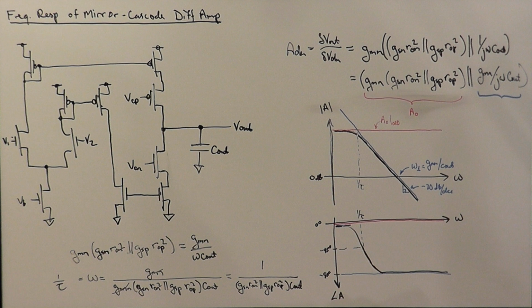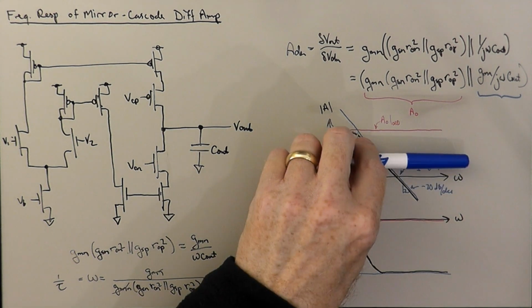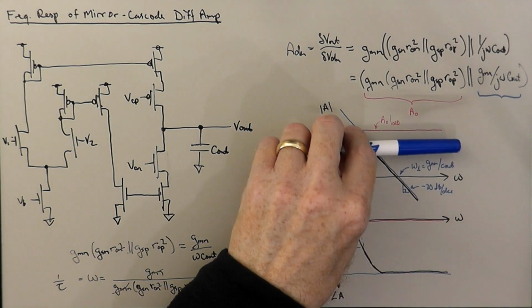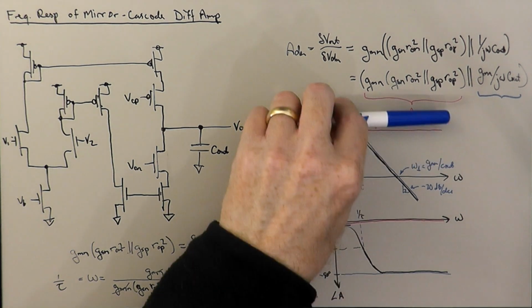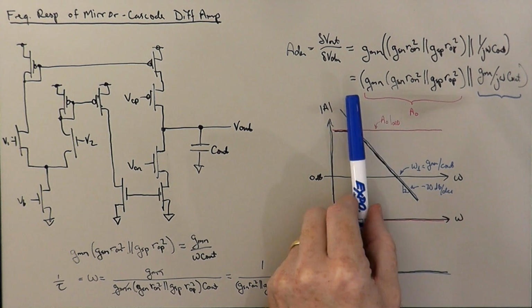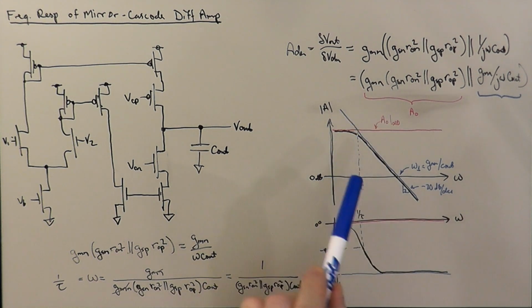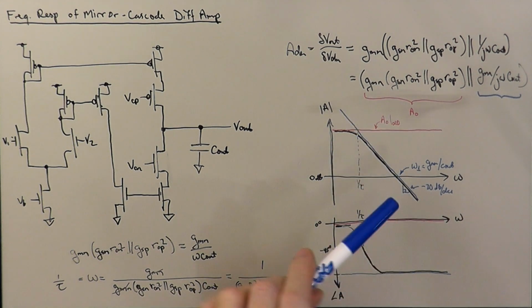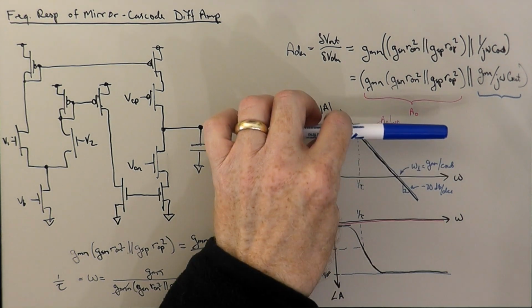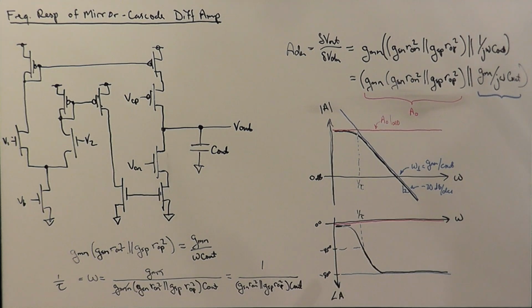And so what that says is that using this cascoding technique, we've boosted the gain up, we've moved the A0 up, and that's basically shifted this low frequency corner back proportionally to the amount by which we've increased the gain. Or if you look back to see where the corner frequency was for the current mirror diff amp, the corner frequency 1 over tau was just RON parallel ROP times Cout.